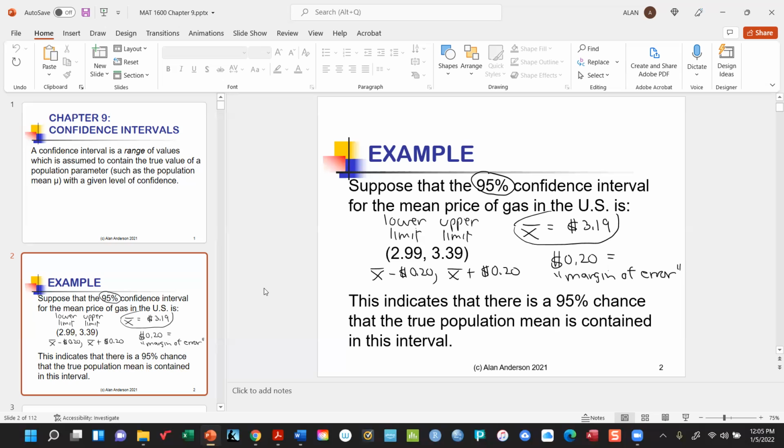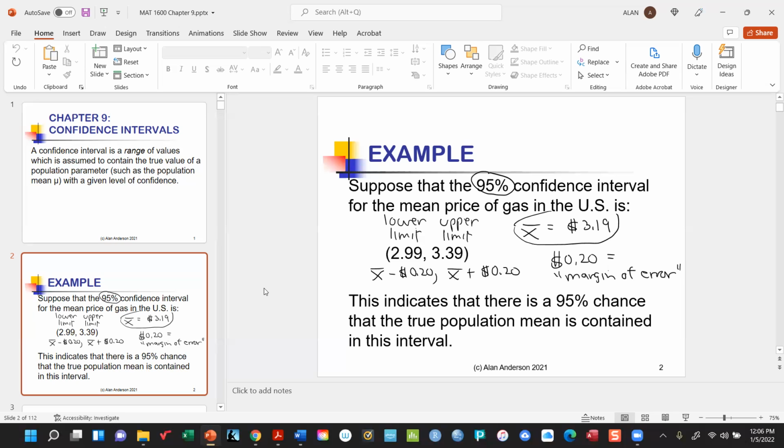So what we're basically saying is two things. Number one, the sample mean is 3.19, which we believe represents the population mean, but we're also 95% sure that the actual population mean is somewhere between 2.99 and 3.39. Because we know that X bar isn't necessarily a perfect reflection of the population mean.